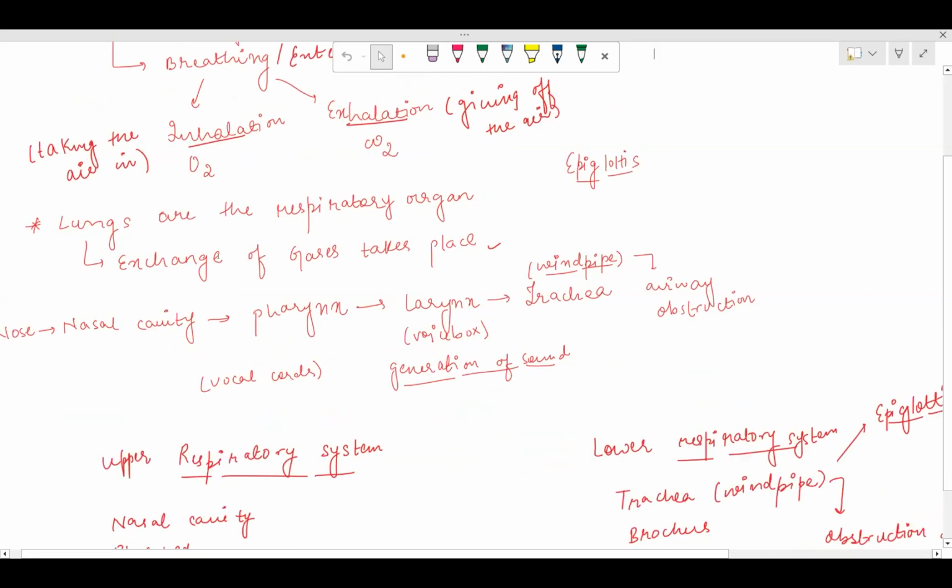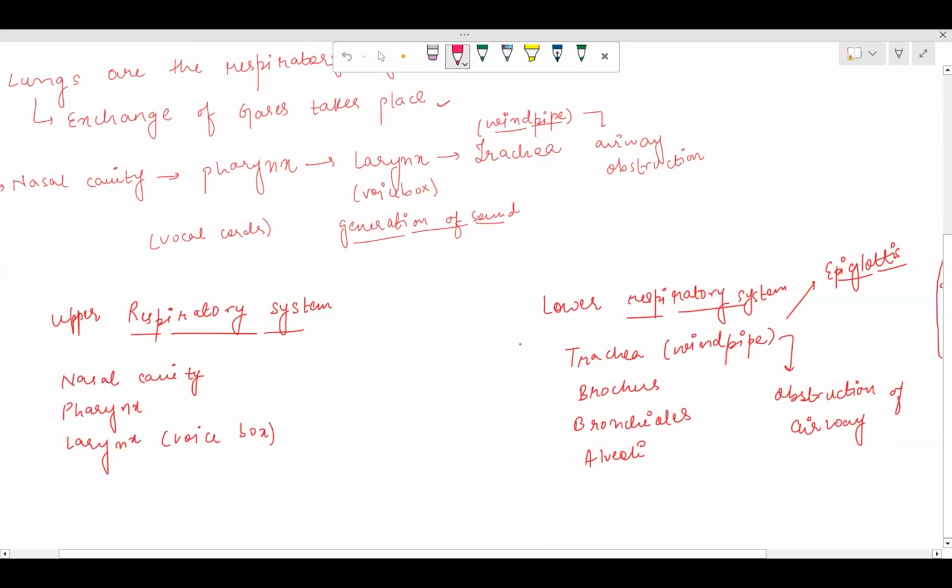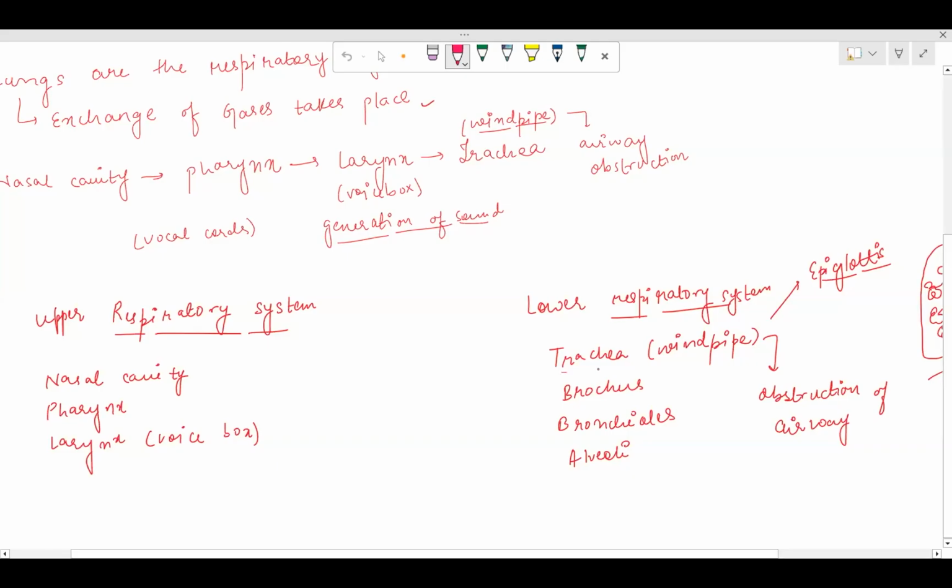So if I talk about the respiratory system, it is divided into two, upper and lower respiratory system. Upper is divided into the nasal cavity, from where we are taking the air, then pharynx, then larynx. Larynx is also known as the voice box. Then we have the lower respiratory tract, which is the trachea.